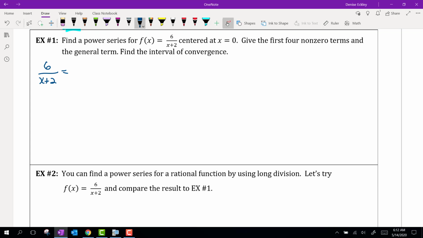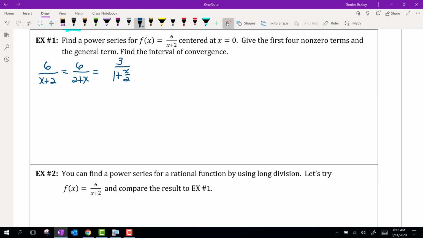First, I'm going to write it as 2 plus x, which is no big deal. And then I want to get rid of that 2 there. I want a 1 there. So I'm going to divide everything by 2. So I get 3 on the top, I get my 1, and then I have plus x over 2.